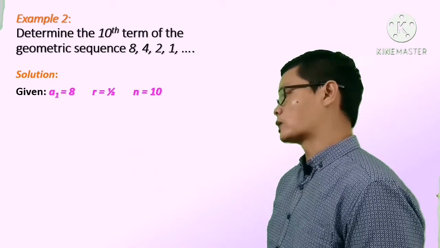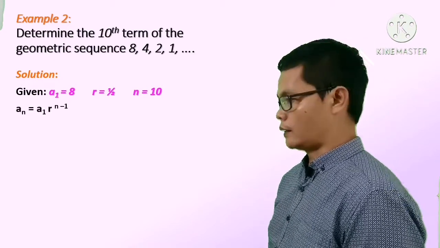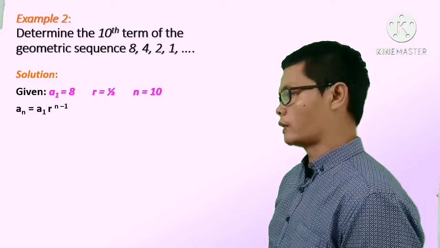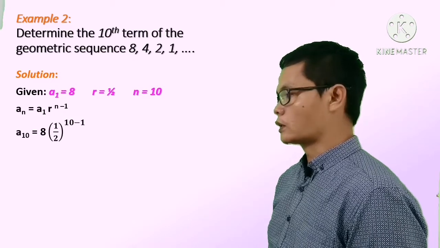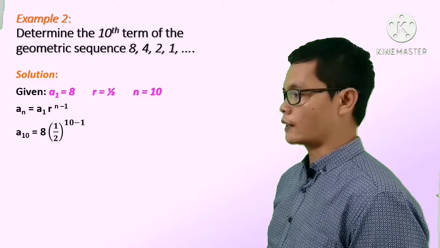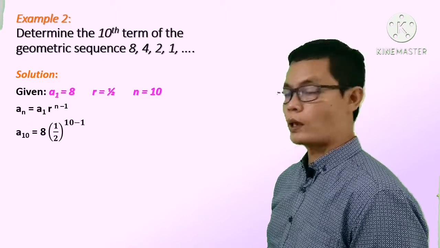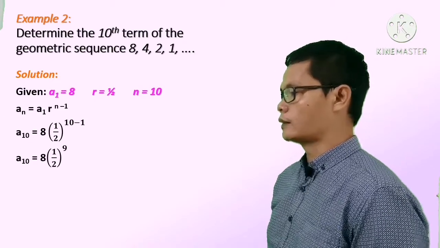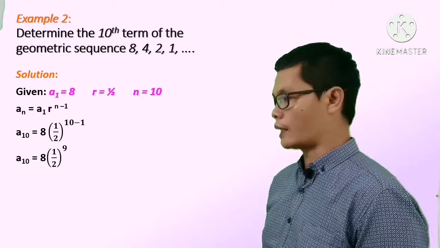So we have r equals 1/2, n equals 10. The formula: a sub n equals a sub 1 times r raised to the power of n minus 1. A sub 10 equals, the value of the first term is 8, the value of r is 1/2, and the exponent is n, which is 10, minus constant 1. So we have a sub 10 equals 8 multiplied by 1/2 raised to the power of 9.